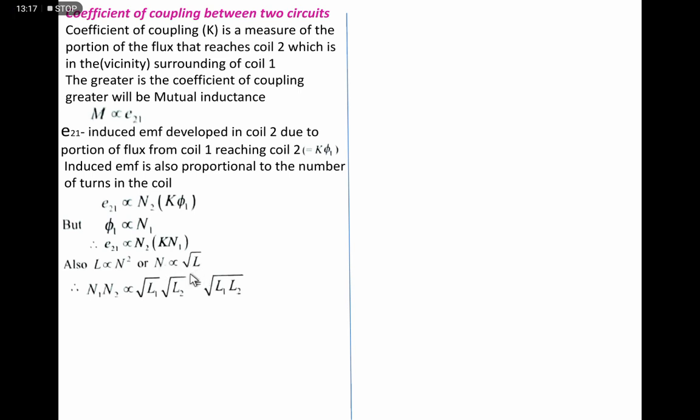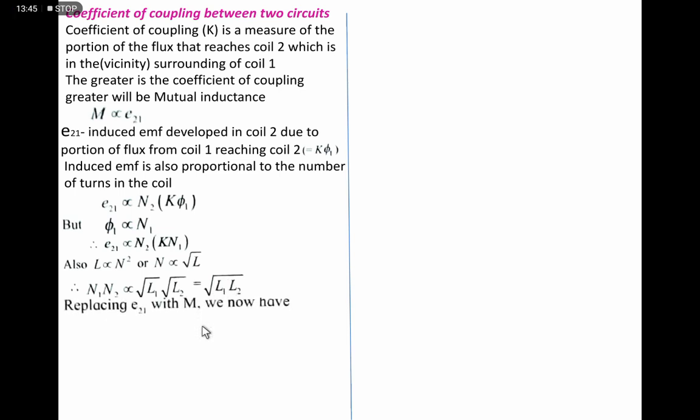From this statement we write N1, the number of turns in coil 1, and N2, the number of turns in coil 2, are directly proportional to the square root of the self inductance in coil 1 and the square root of the self inductance in coil 2. Therefore the equation is square root of L1 L2.